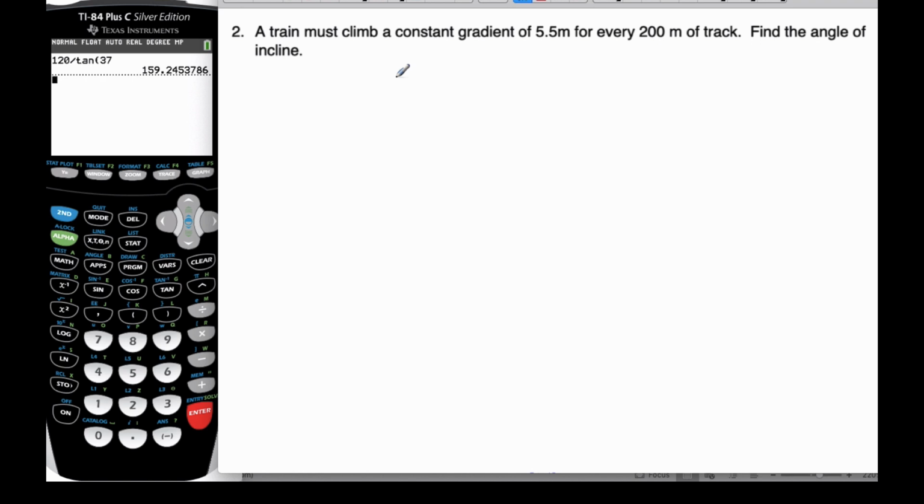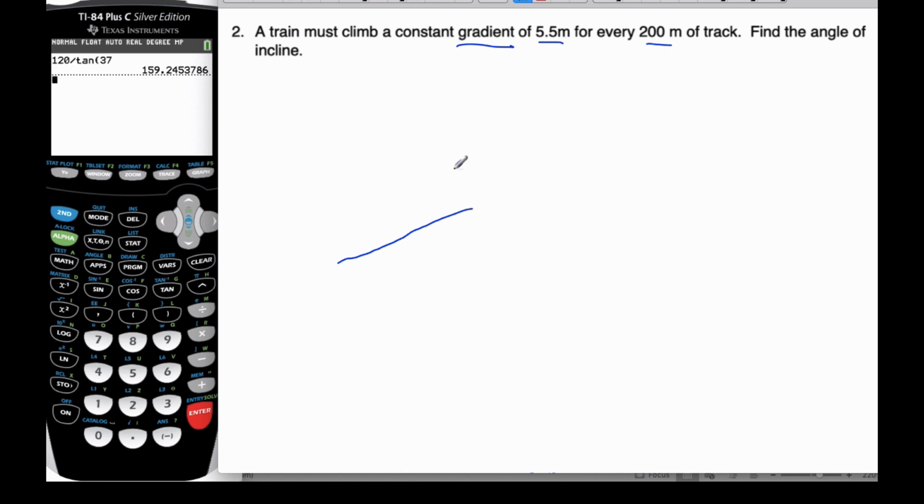A train must climb a constant gradient of 5.5 meters for every 200 meters of track. Find the angle of incline. All right, so when I read this, a train must go up a hill of some kind.